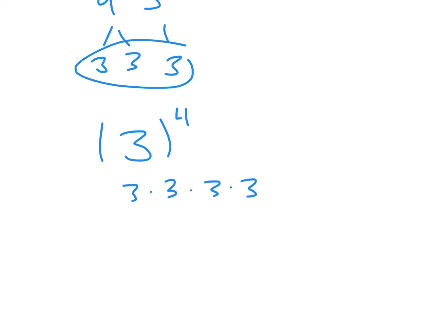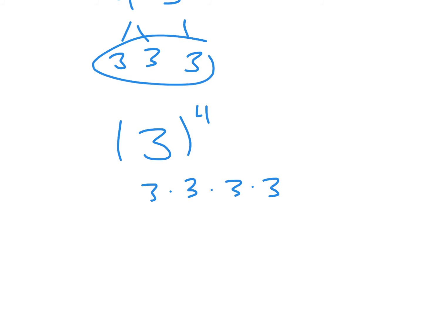So this is 3 times 3 times 3 times 3. If it helps when doing this in your head without a calculator, I always multiply 3 times 3, which is 9, and then I'll multiply these 3's, which is 9, and then you can multiply 9 times 9. What's 9 times 9? 81. Another way you could do this is multiply 3 times 3 and then 9 times 3, which would be 27.